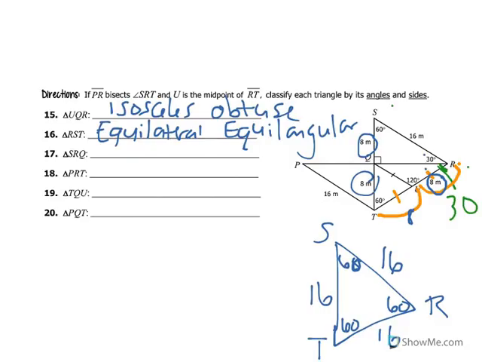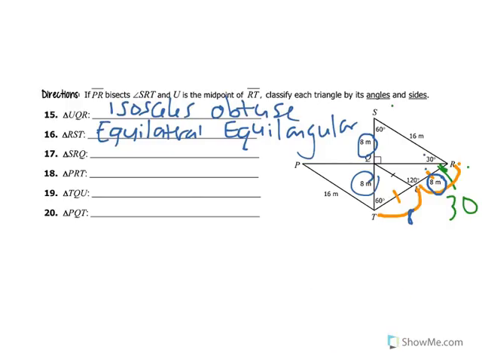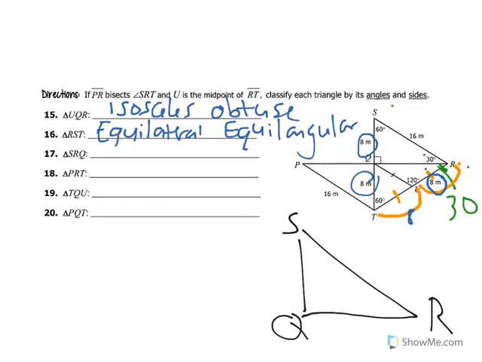And then the next triangle we're looking at is triangle SRQ. So triangle SRQ. We've got 60, 30, 90, 16, 8.